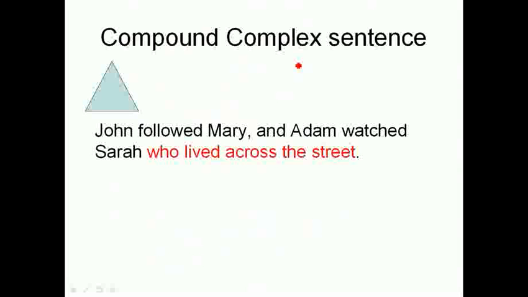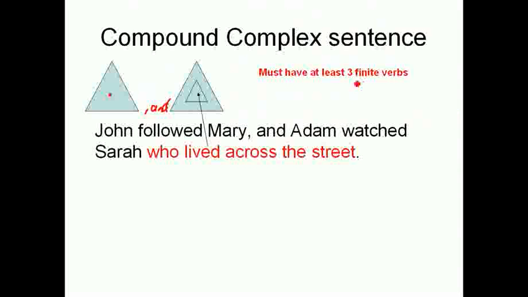So now we look at what is called a compound complex sentence. For a compound complex sentence, what does it look like symbolically? You have John followed Mary here. This is John followed Mary, comma, and Adam watched Sarah, who lived across the street.